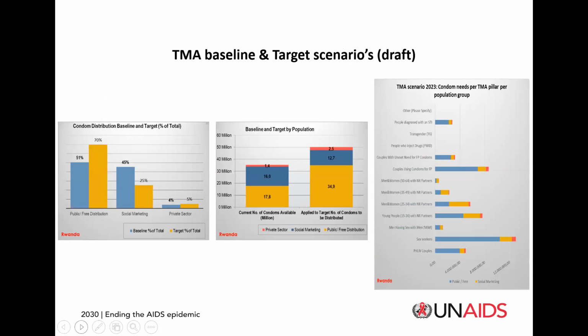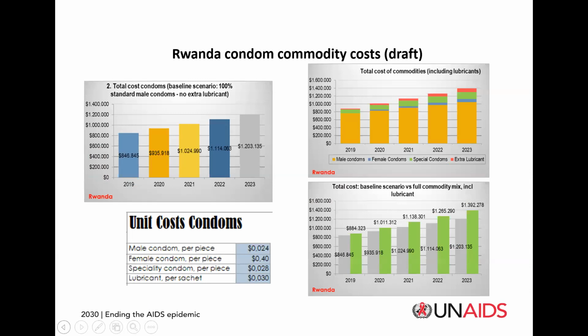And this is then the example on your left side, the outcomes of an initial scenario, a current baseline scenario for your total market. This was in Rwanda, an exercise where you see that there is an increase in free distribution through the public sector, a decrease in social marketing, and a slight increase in the private sector in the scenario that was then proposed.